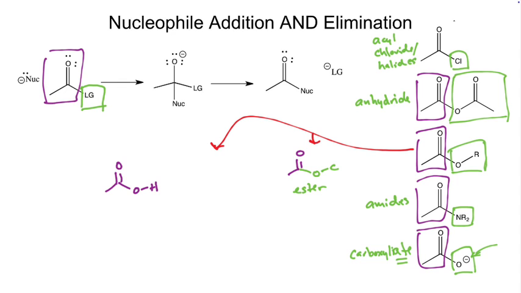If instead it was connected to a hydrogen, now we have a carboxylic acid. So I would argue those are both grouped in the same category, and we'll talk about why that category exists right about now.